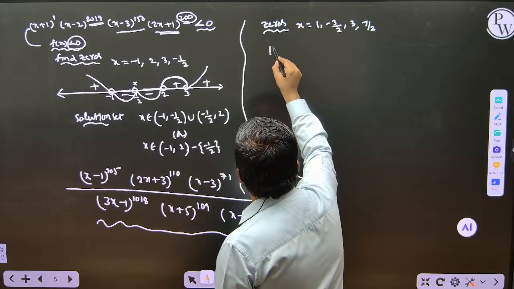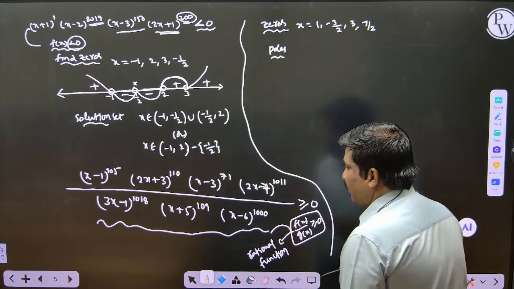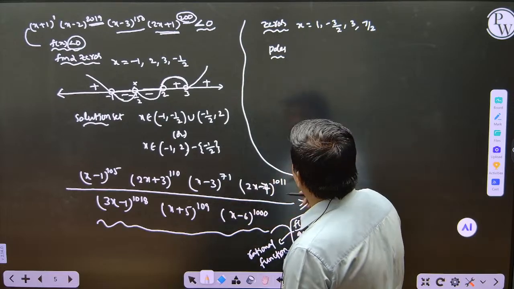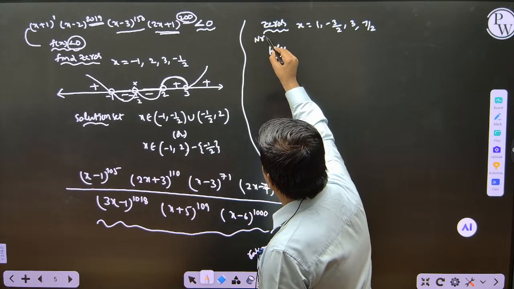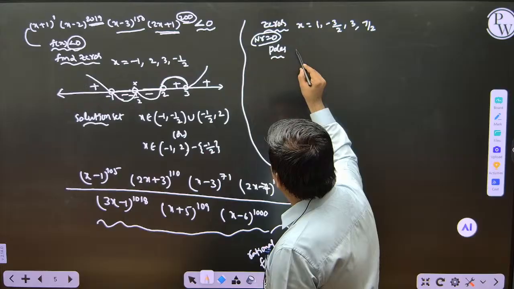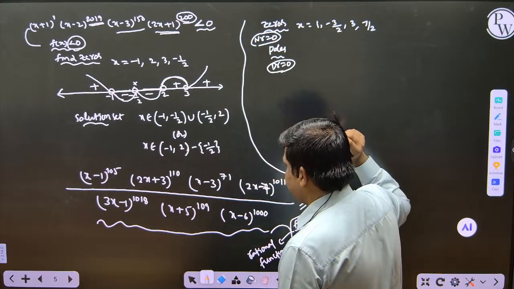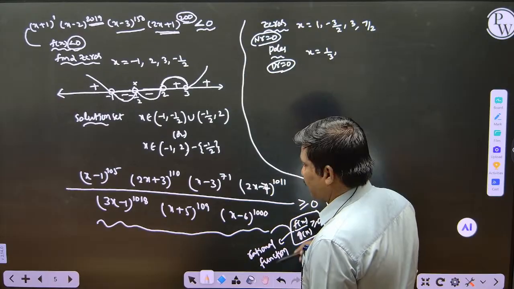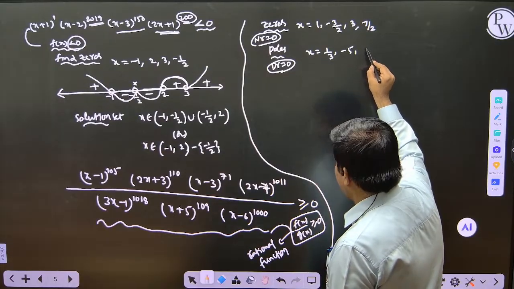Next, what are the poles? Poles mean denominator equal to 0. So x is equal to 1 by 3, minus 5, 6.